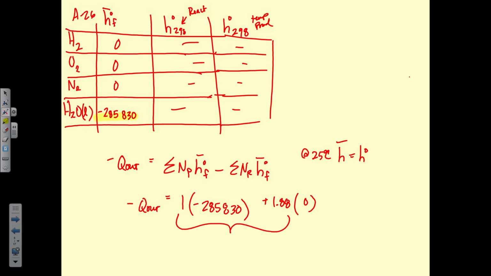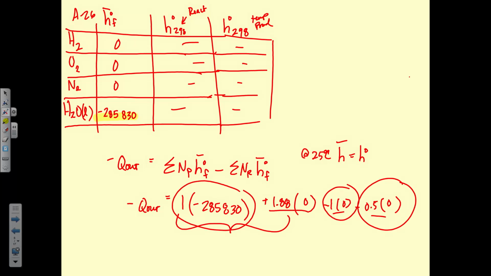Then we look at our reactants: 1 times 0 minus 0.5 times 0. This is for the reactants in the system: the air, the hydrogen, the nitrogen, the water.